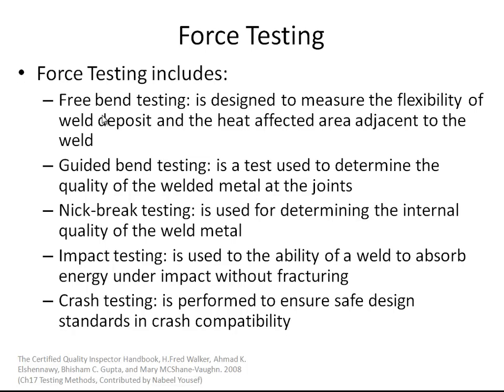And we have the neck break testing, which is used for determining the internal quality of the weld metal. It will detect whether internal defects exist, such as slag, inclusions, gas pockets, lack of fusion, and oxidized or burned metal.